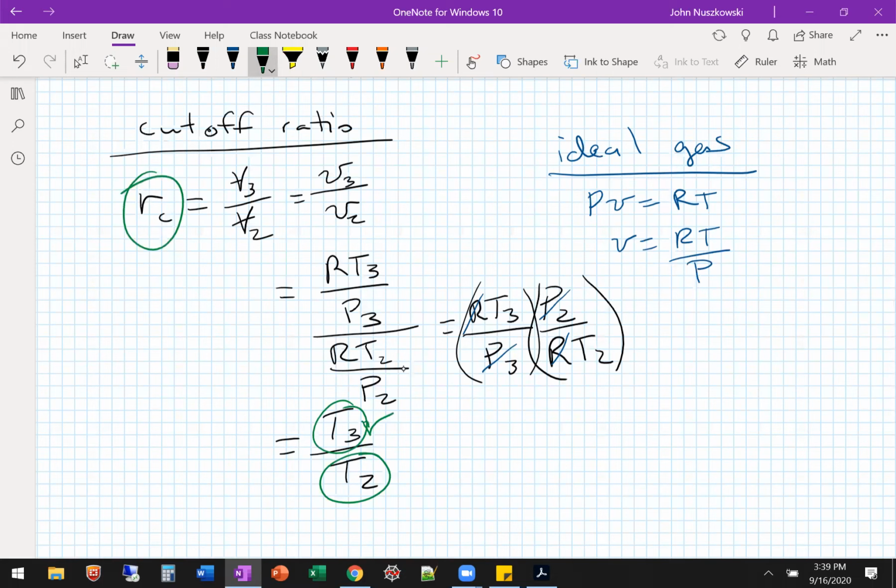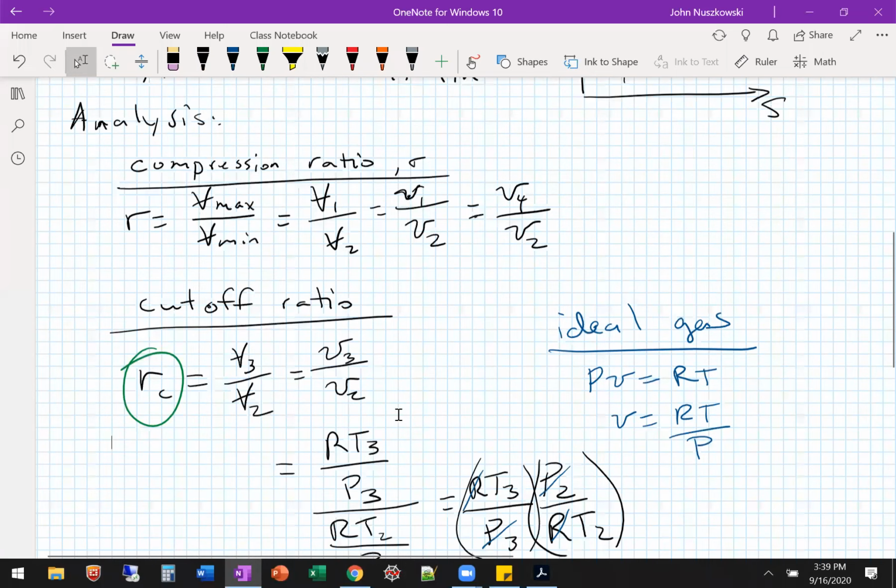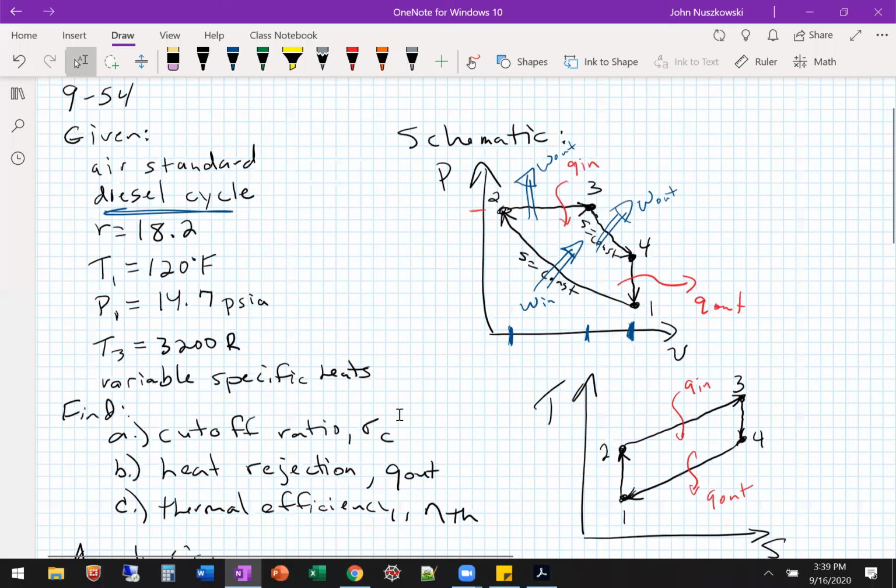We need T2. One of the things, if you're writing notes, and if you're not, just use mine: in these cycle problems, it's difficult because there are lots of steps to see what's going on. So you might want to at least write down the givens, finds, and then the diagrams, the PV and TS, or if I draw a diagram when we get to open systems.